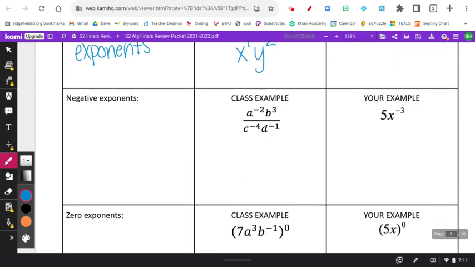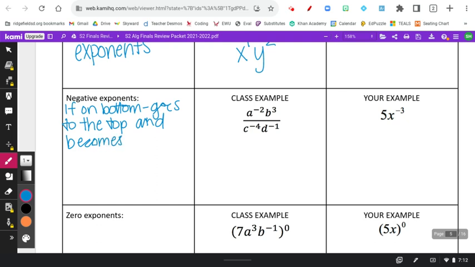Negative exponents. If we have a negative exponent, it means it is somewhere it doesn't want to be. So if it's on the bottom, it goes to the top and becomes positive.